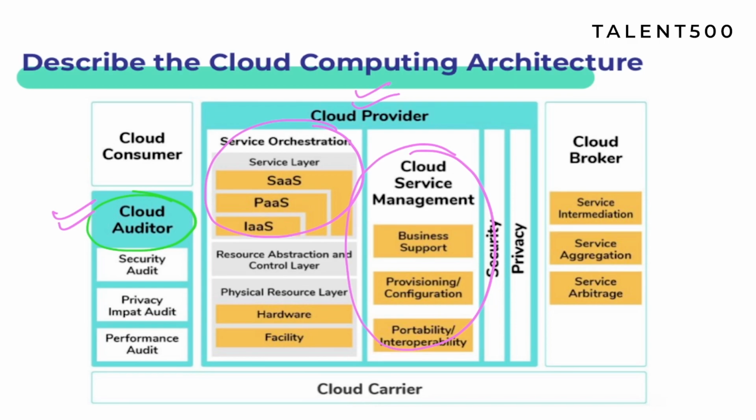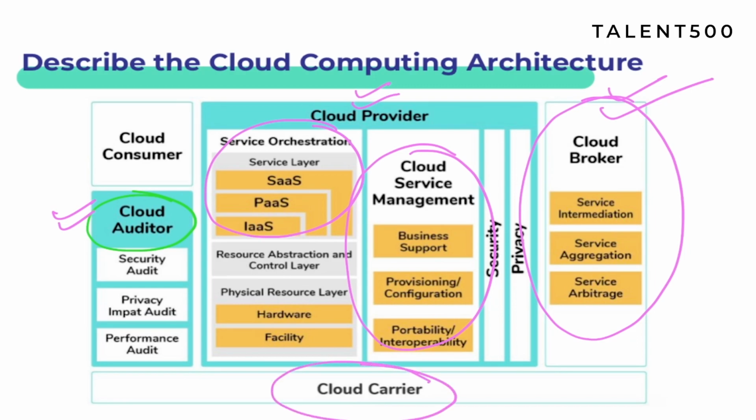So all of that comprises your cloud provider. Now lastly, we have something which is called cloud broker. What is going to be the purpose of cloud broker? This one is going to be providing all these services outside. And at the bottom, we have something which is called cloud carrier, which is going to be carrying all that connection.